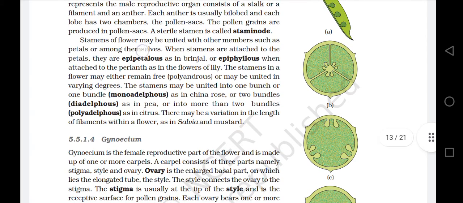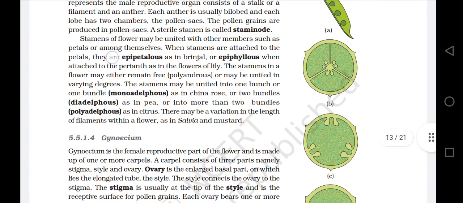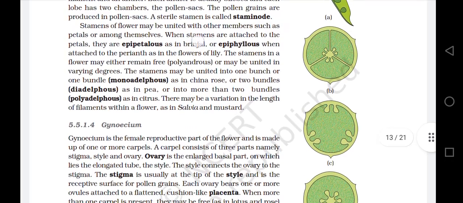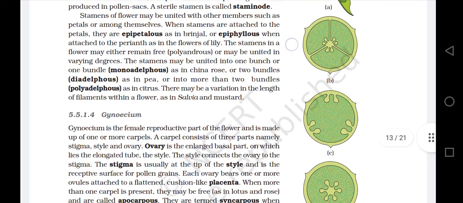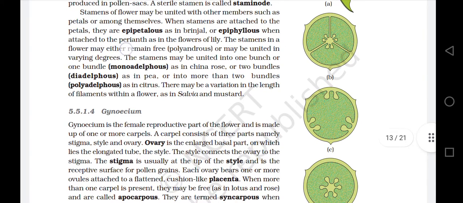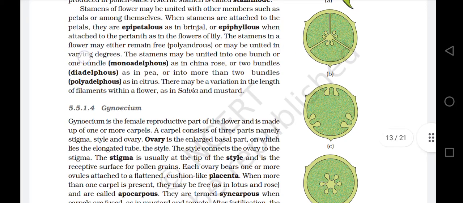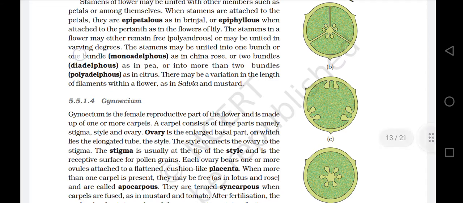Stamens of flowers may be united with other members such as petals or among themselves. When stamens are attached to the petals, they are epipetalous, as in brinjal, or epiphyllous when attached to the perianth, as in the flowers of lily. The stamens in flowers may either remain free, polyandrous, or may be united in varying degrees.